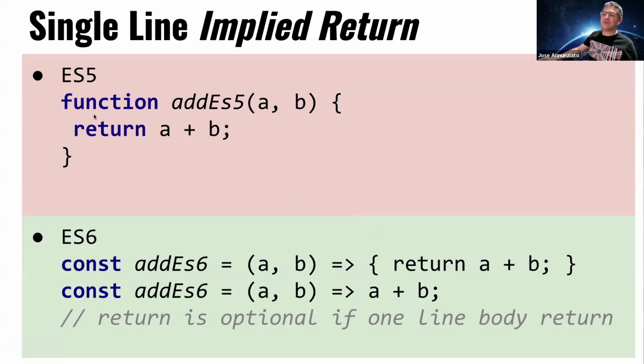If the only execution line in your function is a return, meaning you haven't gone through a whole bunch of loops and if statements and branches, and you only have a return like we have here, then you can drop the return keyword, you can drop the curly brackets and the semicolon.